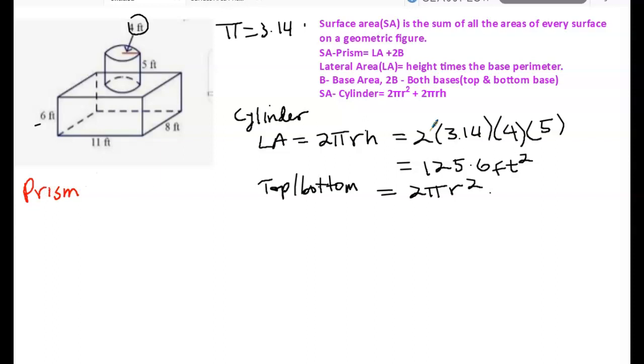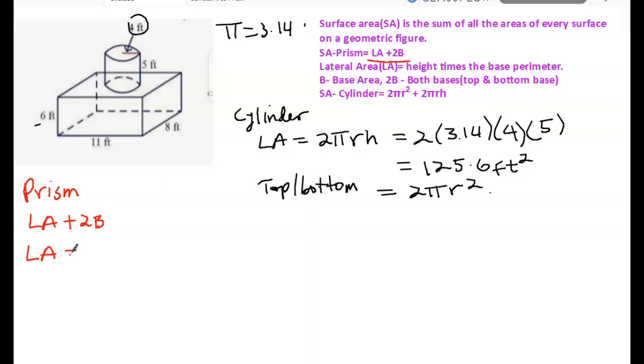So the prism has 6 faces. Instead of calculating the area of every face and then adding them, we can use a simple formula, which is LA plus 2B.